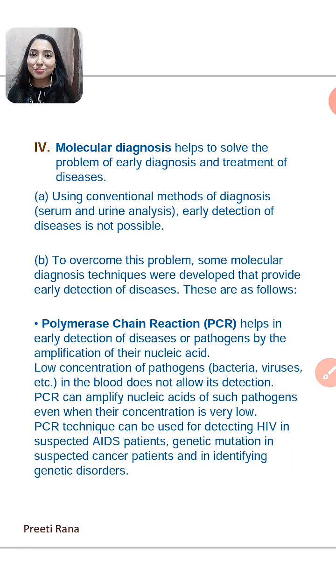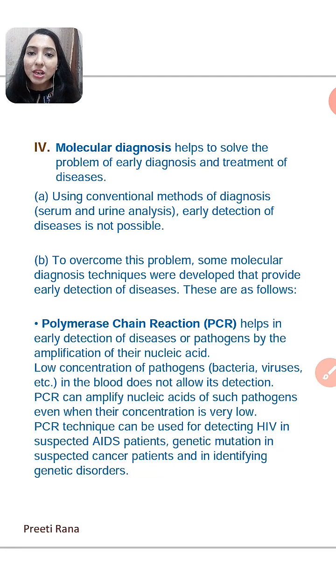The next application of biotechnology in medicine is molecular diagnosis, which helps to solve the problem of early diagnosis and treatment of disease. Using conventional methods of diagnosis like testing serum and urine, early detection of disease is not possible. To overcome this problem, some molecular diagnostic techniques were developed to provide early detection of diseases.